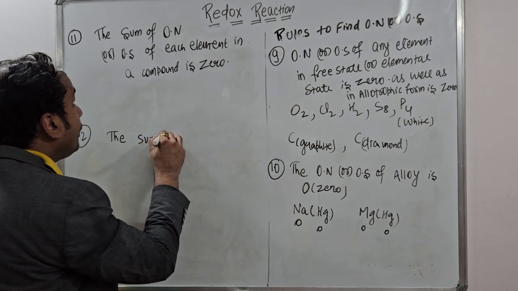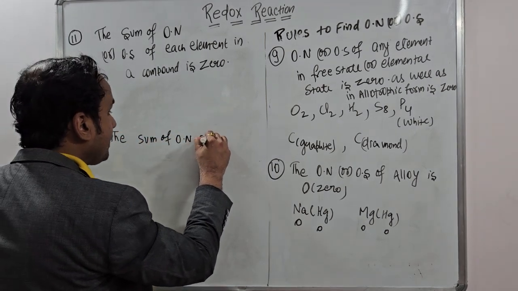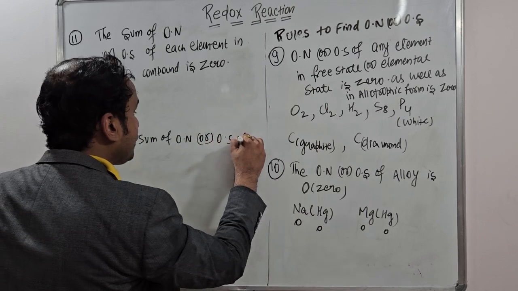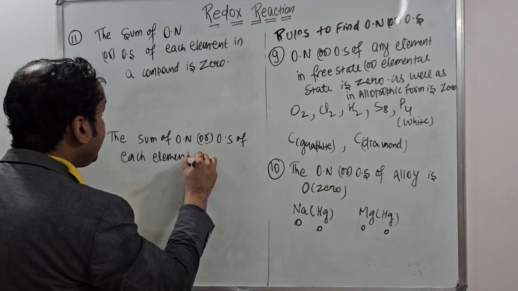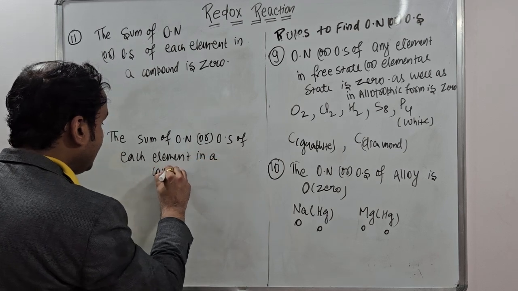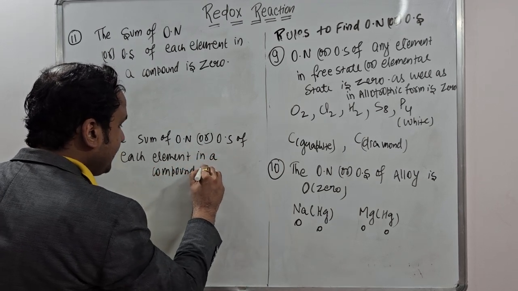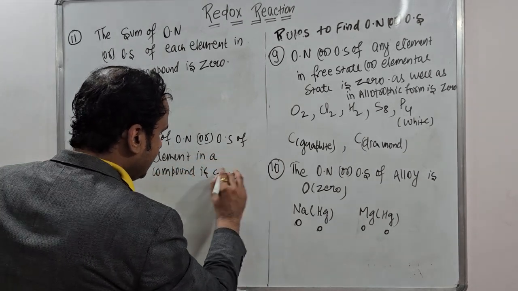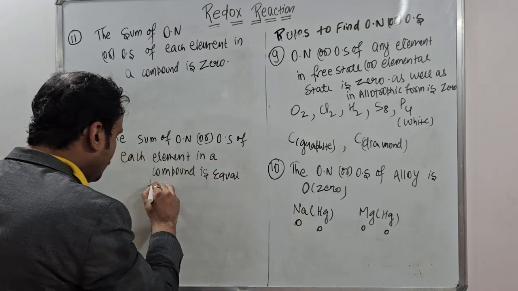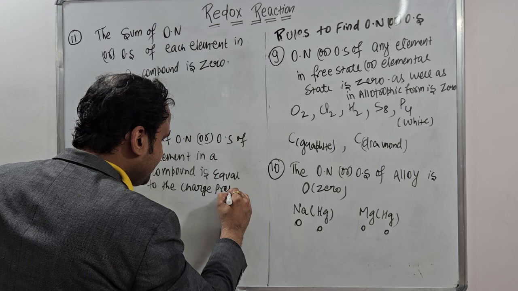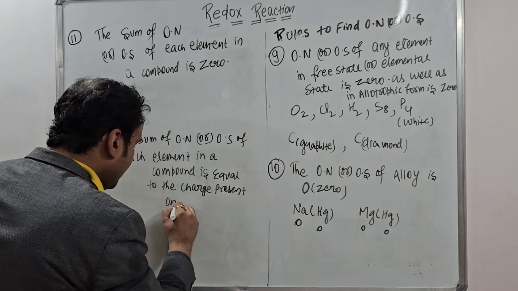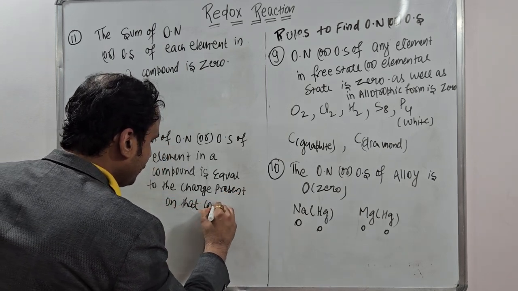The sum of the oxidation number or oxidation state of each element in a compound is equal to the charge present on that compound.